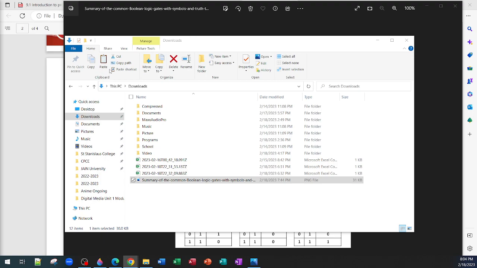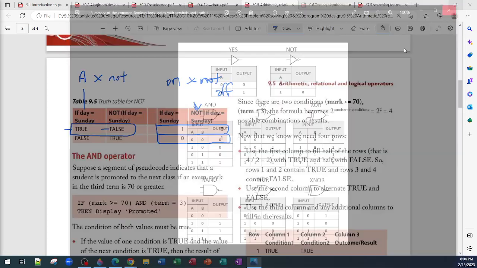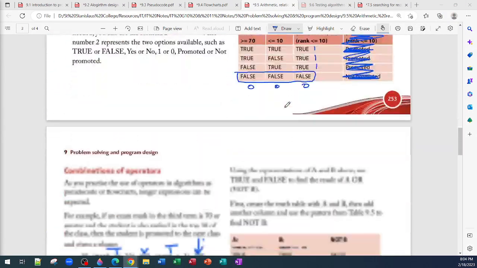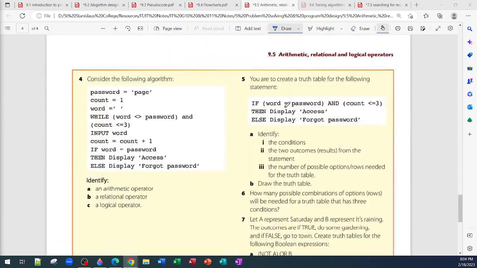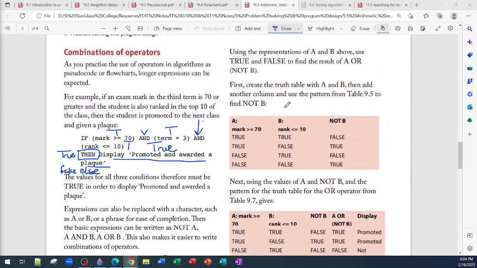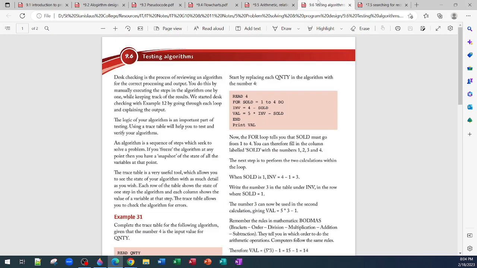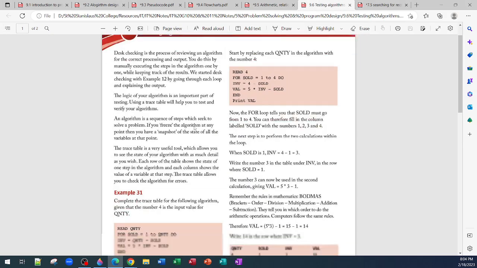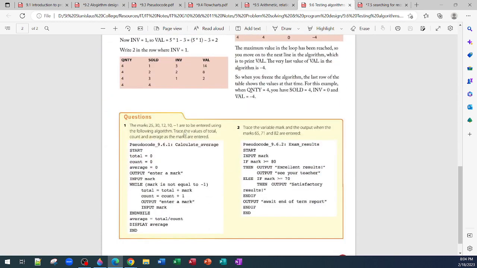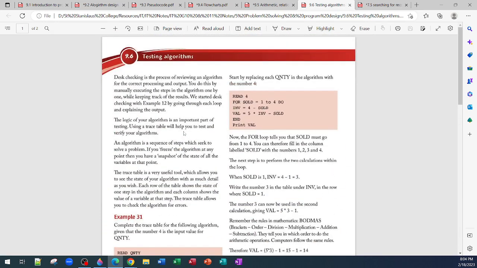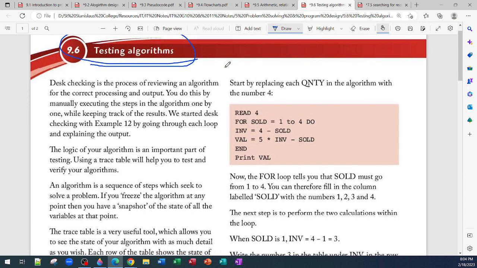If no questions, I'm also going to send you a video on it too. That can help you also. So let's move on to the next chapter. Now the next chapter should be familiar to you. It's your trace table. That's called testing your algorithm. We call it tracing your algorithm also.